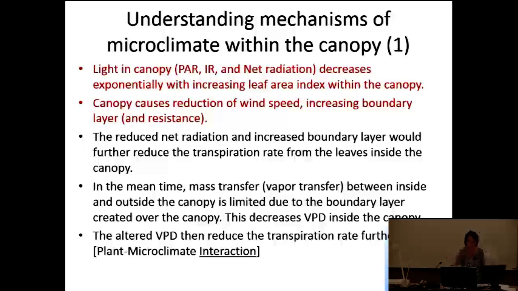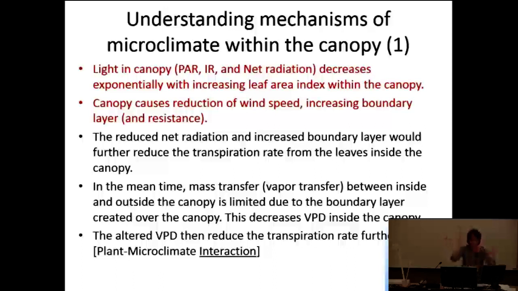All right. So therefore, in the canopy, net radiation is much lower than the top of the canopy, right? Lower light inside the canopy than the top of the canopy, and on top of the canopy there is a boundary layer. Therefore, transpiration rate. Oh, sorry.